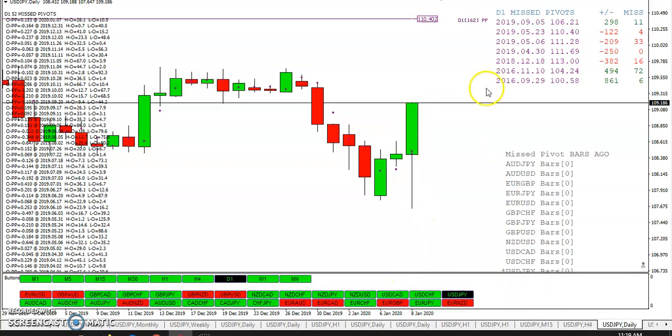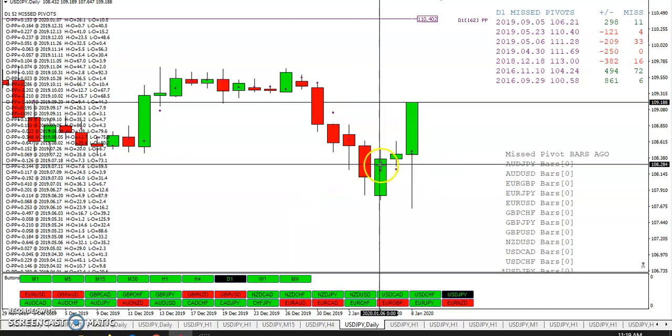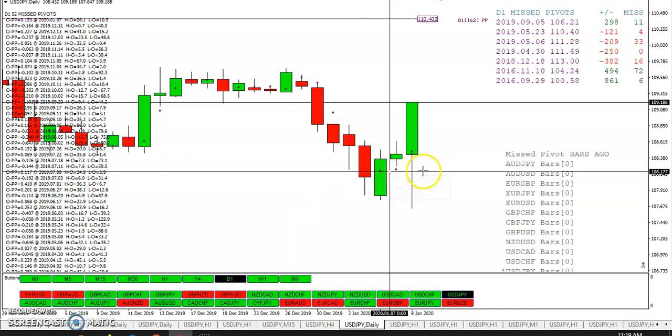Once again, a simple trade, trading from the open towards the pivot, looking for that distance or that gap between those two levels to be filled. So you see we missed the pivot yesterday, but took it out today, right there. That was a missed pivot from yesterday.